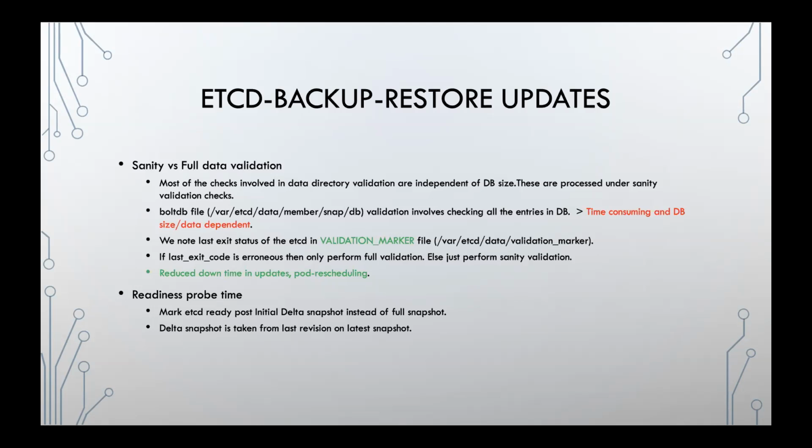This data directory validation involves some sanity validation like data directory structure, whether the snapshot revision and current latest revision are in order, such kind of checks, and the DB file content check itself. So most of the checks were DB dependent. So we categorize them as sanity checks and full data validation checks.